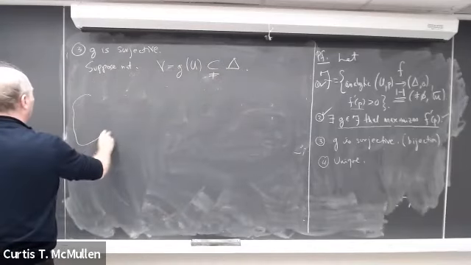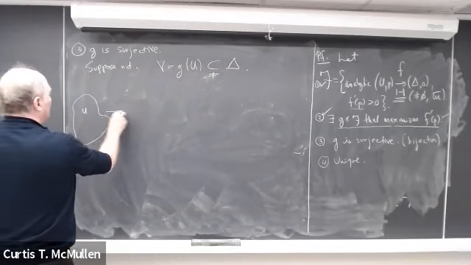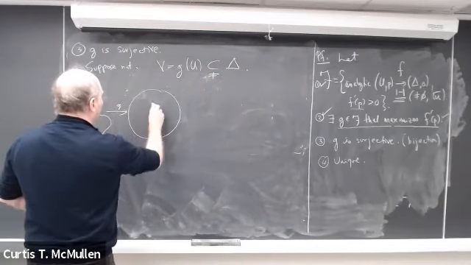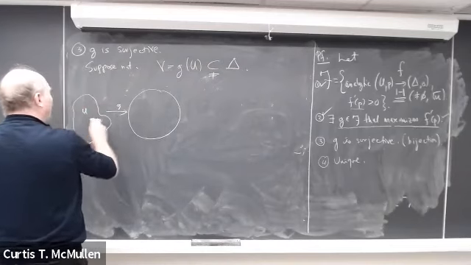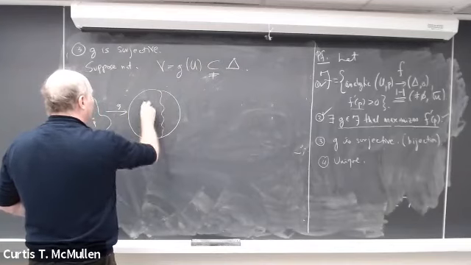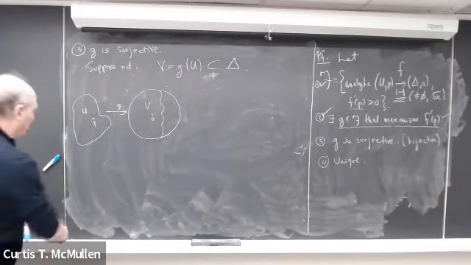So we started with our domain U, we mapped it by G into the unit disk, and the point P went to 0, and then we got some region V, but we didn't use the whole unit disk.